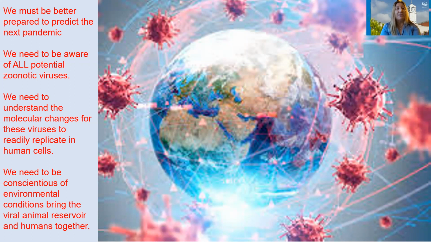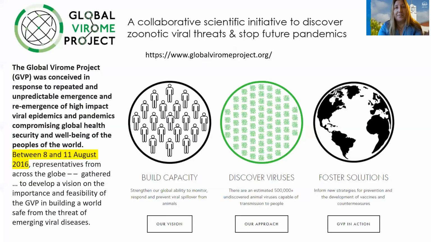So we need to be aware of all potential zoonotic viruses. We need to understand the molecular changes that are required for those viruses to readily infect and transmit among humans. And we also need to be conscientious of where we are interacting with animals and how humans and animals interact.